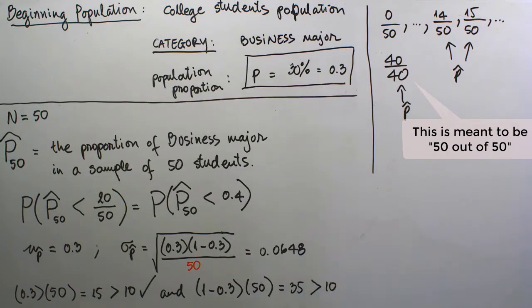So the same sample size here meets both requirements: the sample size multiplied with the proportion and the sample size multiplied with 1 minus the population proportion are both giving us counts greater than or at least equal to 10.